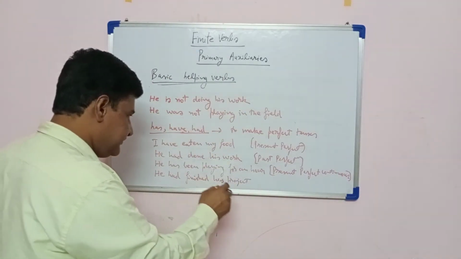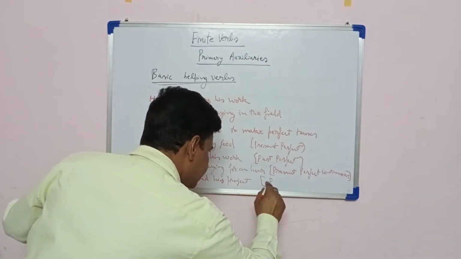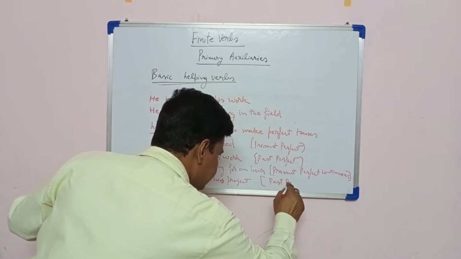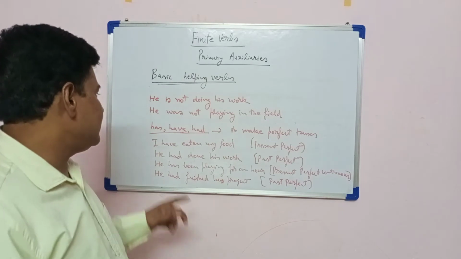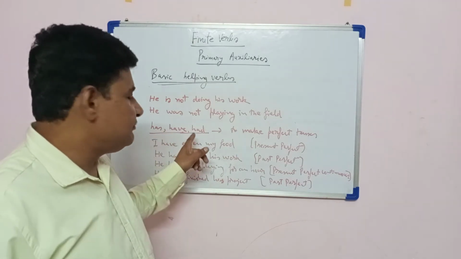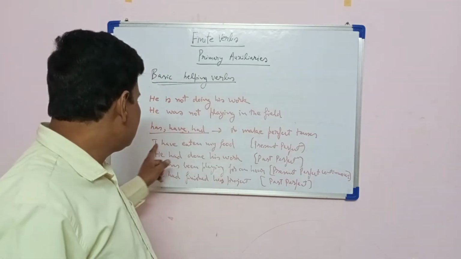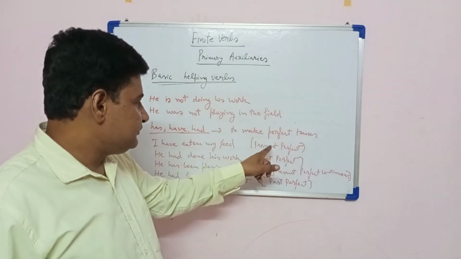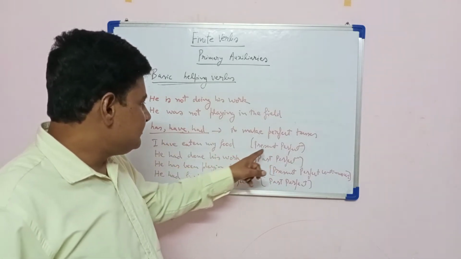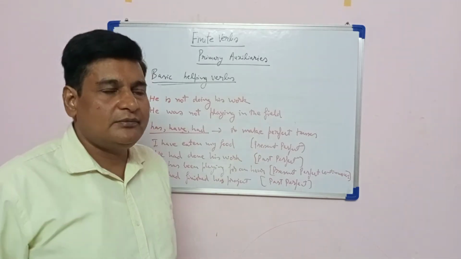And he had finished his project. This is a past perfect. So here we can see the uses of primary auxiliaries has, have, had. Its different forms are used in making tenses of perfect and perfect continuous.